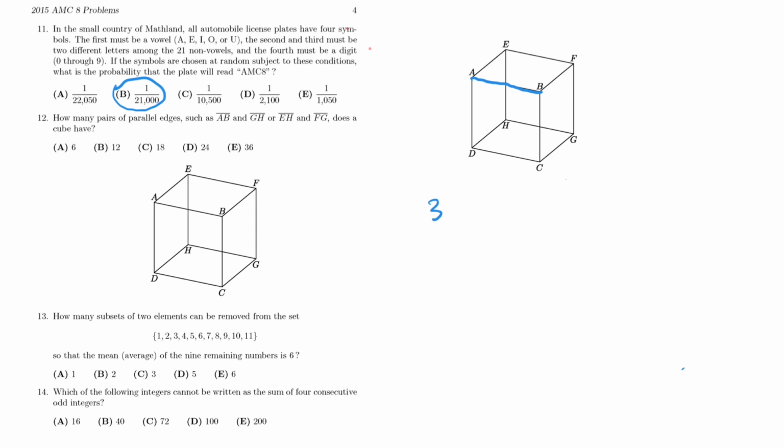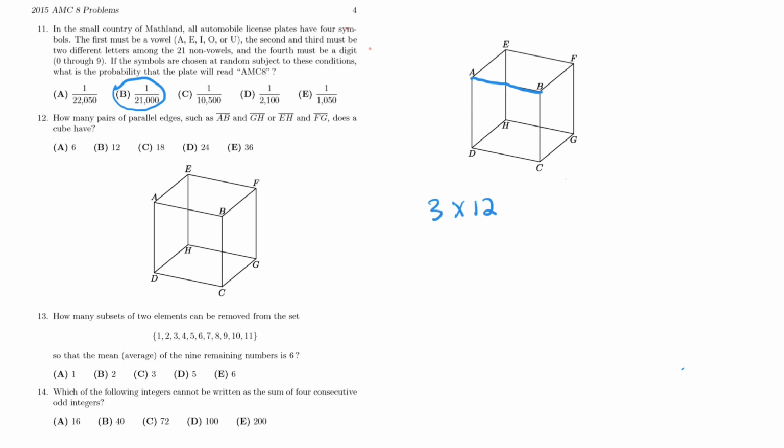So one edge is parallel to 3 other edges. So AB is parallel to EF, HG, DC. The cube has 12 edges. So total 12 times 3.